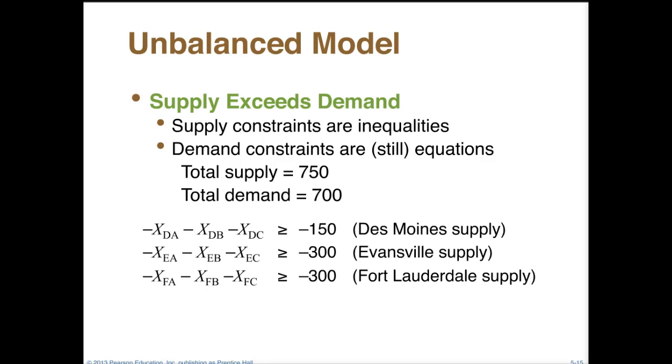Now, one thing I do want to clear up here is that since whenever we have supply, we're referring to that as negative, and whenever we have demand, we're referring to that as positive, the way that we have to do our inequalities here is slightly different. And I just want to use this first one as an example to iterate what I'm talking about.